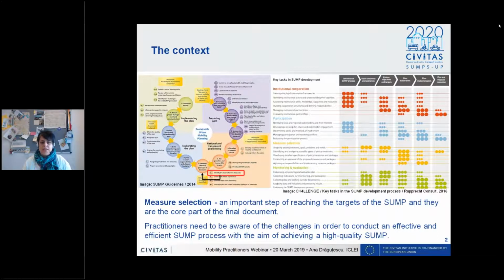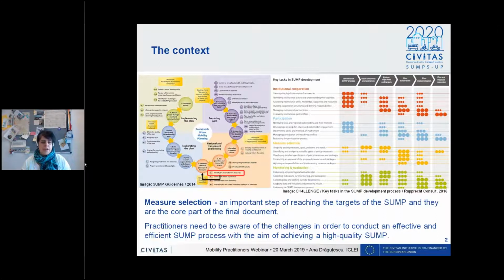As you can see in the cycle, the measure selection is an important step that lies in the second half, in the second quadrant of the SUMP cycle. And it's an important step that helps you reach the targets of the SUMP that you develop.